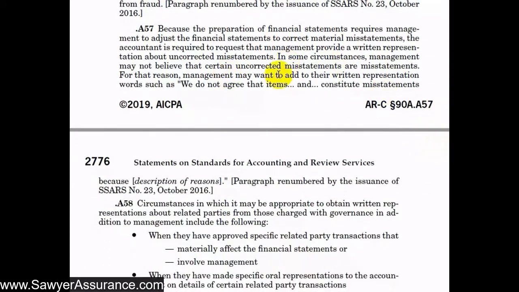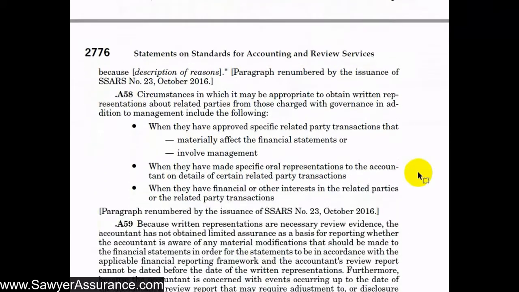Related to the requirement that management represents that the uncorrected misstatements are immaterial, it may turn out that management doesn't agree that they are actually misstatements. In those cases, they might represent that they don't agree that those items constitute misstatements because of some reason. Those may be some edits to the representation letter that management might want to add before they sign it, and that's okay.